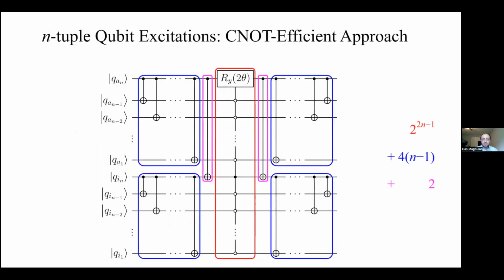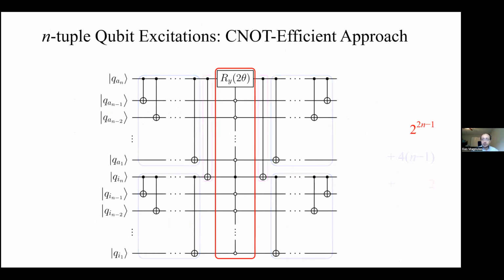So if we go back to the n-tuple qubit excitations, because they're somewhat simpler, we see that the main source of CNOT gates comes from the decomposition of this multiply controlled RY gate. Now remember that the implementation that we opted for was the same as Jordanov and coworkers, and it requires an exponential number of CNOTs.